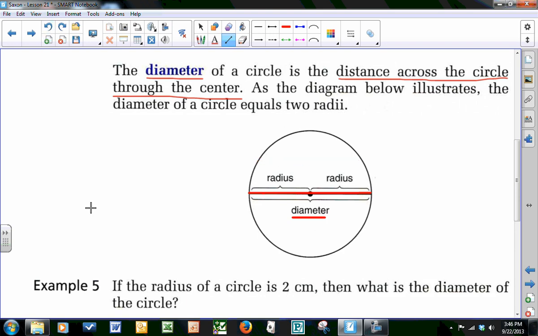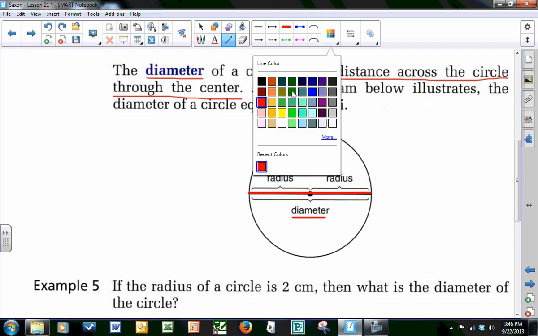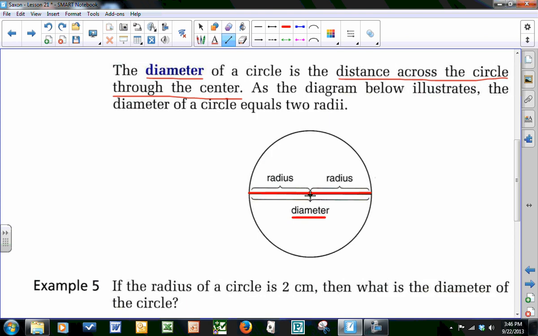So let me get rid of that. The radius, let's change color. Let's make it real obvious green. The radius, remember, is from the center out to the edge. So it takes 2 radii to make 1 diameter. Oh, that's pretty good. Let me write that down. I'm going to pick up my pen here.